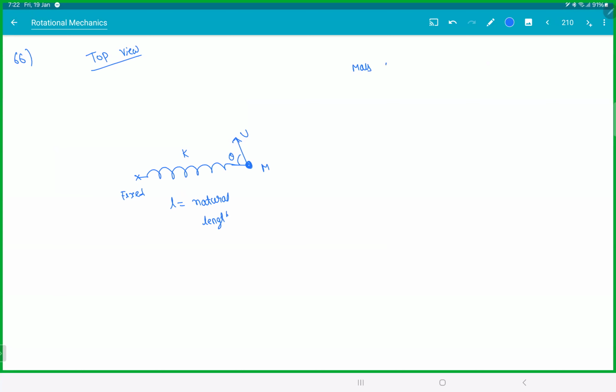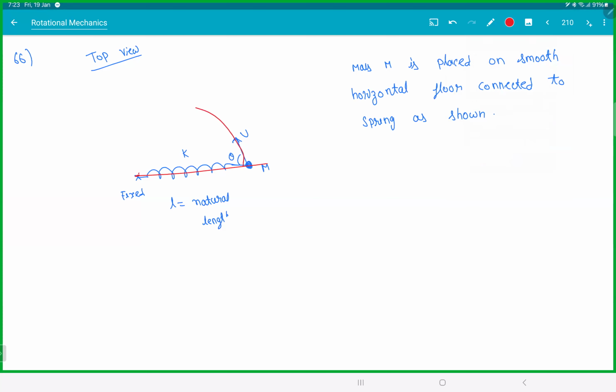Mass m is placed on a smooth horizontal ground connected to the spring as shown. Do you think this will go in a circle? As this is going, won't the spring compress, elongate, compress? It'll go in a pretty weird path, isn't it? Because the length of the spring can change. Find the maximum elongation in the spring.